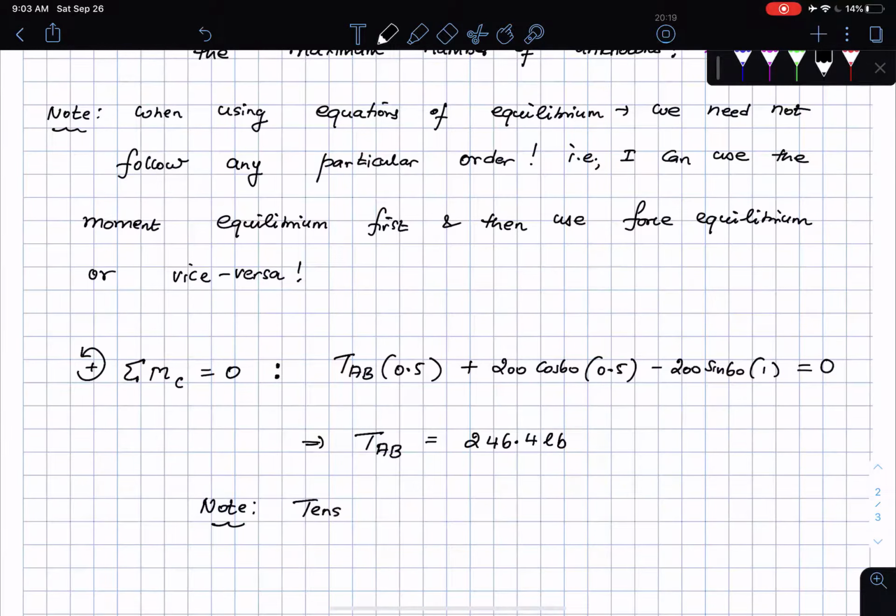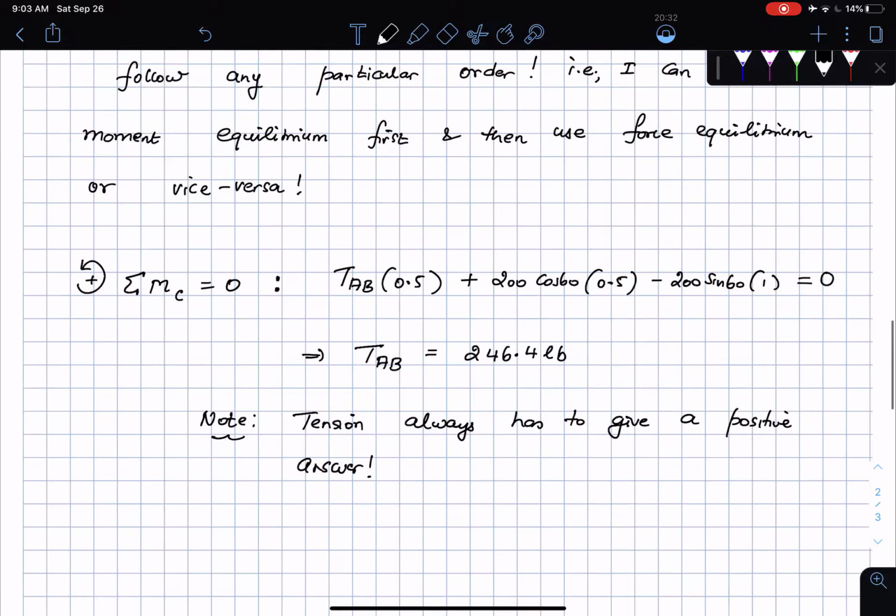Okay, so note, tension always has to give a positive answer. This is not something that you choose.